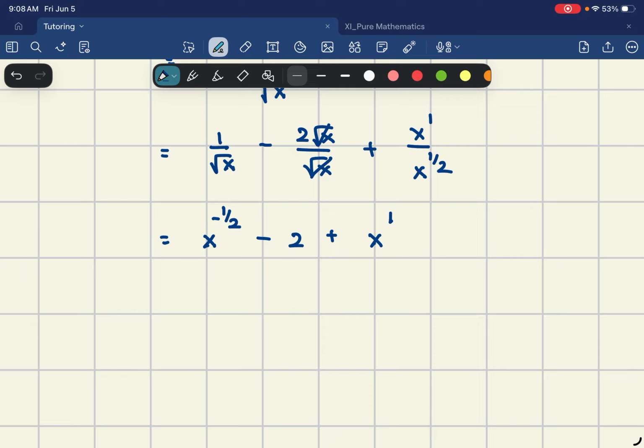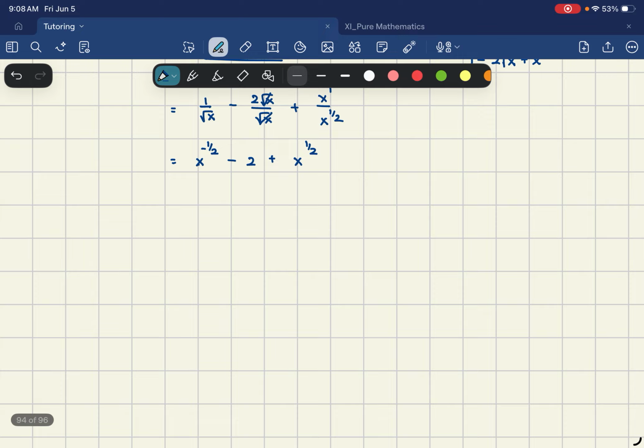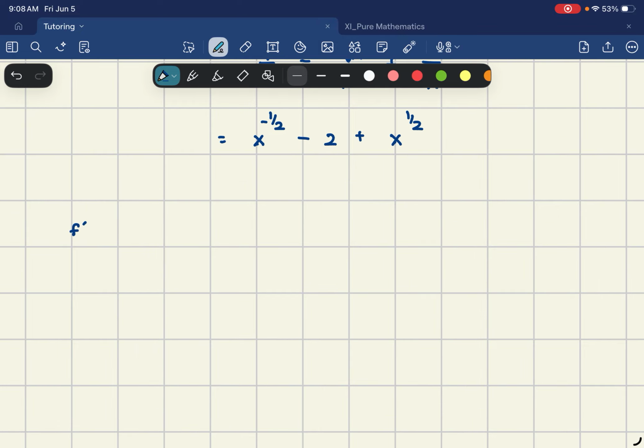You subtract the powers, so you get x to the power half. Now that we know what dy/dx is, f of x is going to be the integral of x to the power negative half minus 2 plus x to the power half dx.